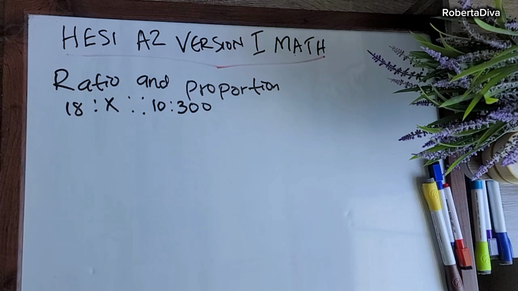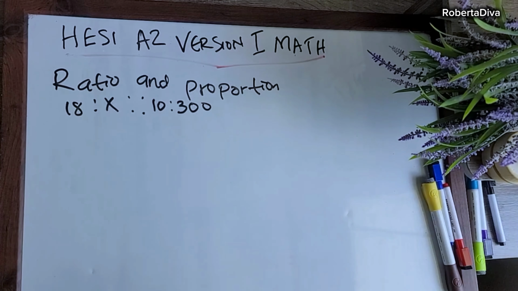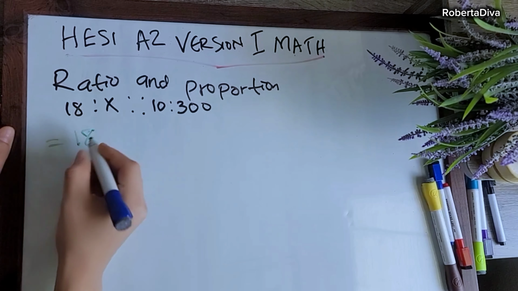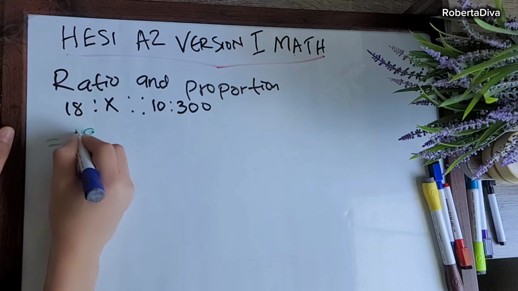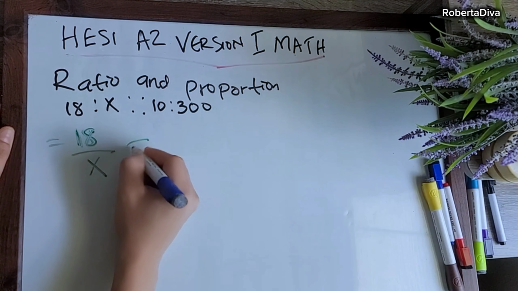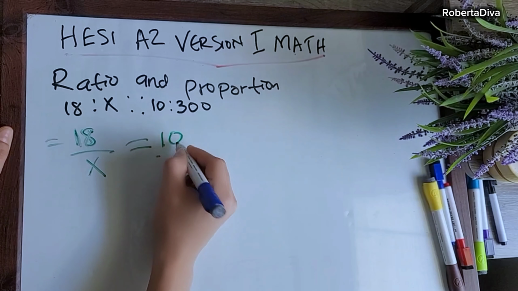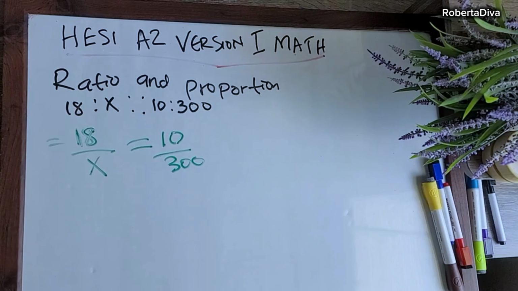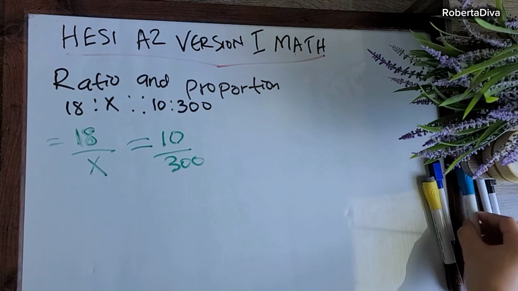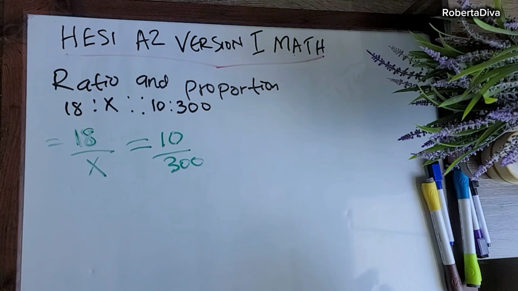This means 18 over x, right? The other one means 10 over 300, right? Have you solved something like this before? I think we've solved something like this before. 18 over x equal to 10 over 300, right?